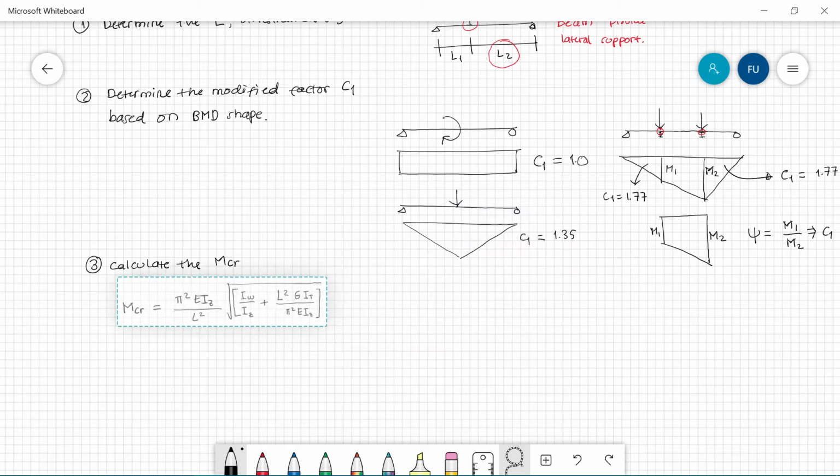This is the value of the expression. Then C1 is introduced here, the value of C1.